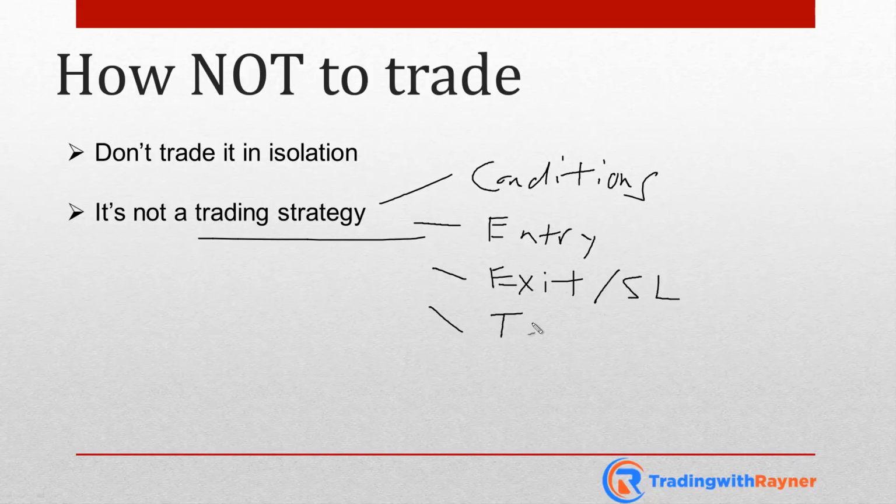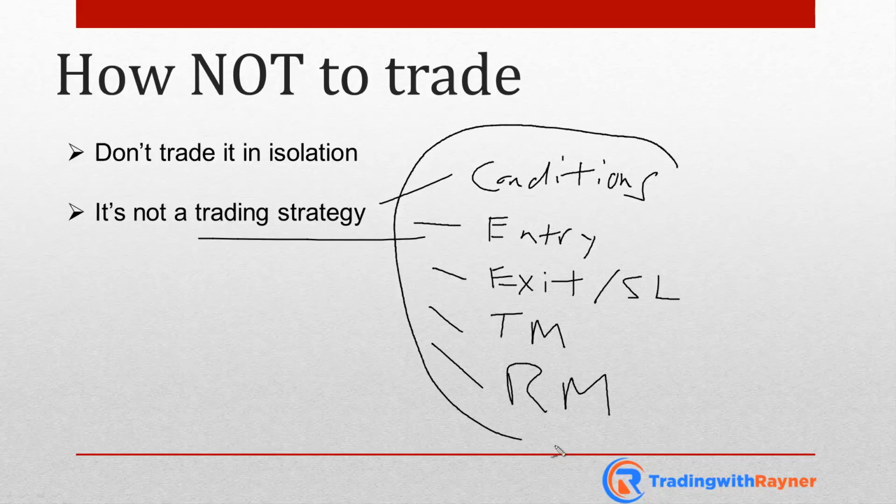And then you have what you call trade management. If the trade goes in your favor and then starts reversing against you, what will you do? Will you bail out half the position, everything? Then you also have risk management. How much will you be risking on each trade and stuff like that. So you can see that a candlestick pattern is not a trading strategy because by itself it will not give you all these important elements that a trading strategy requires.